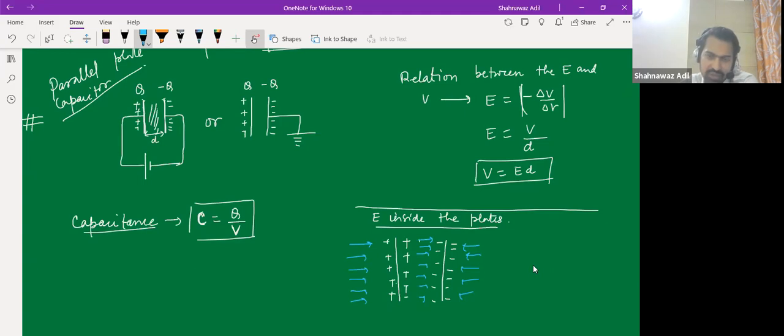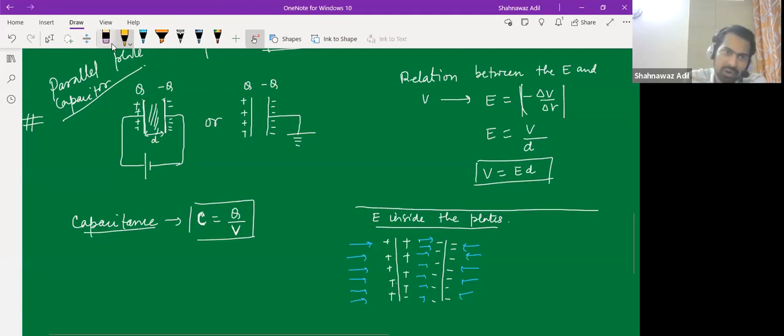For this plate, all the electric field will be incoming. Understood? Is it clear? If it is not, then I will repeat it again.